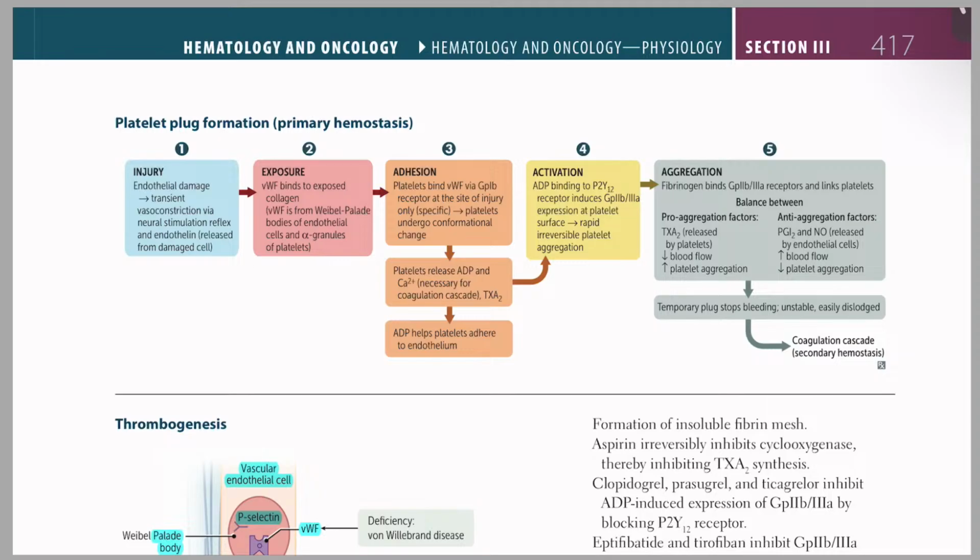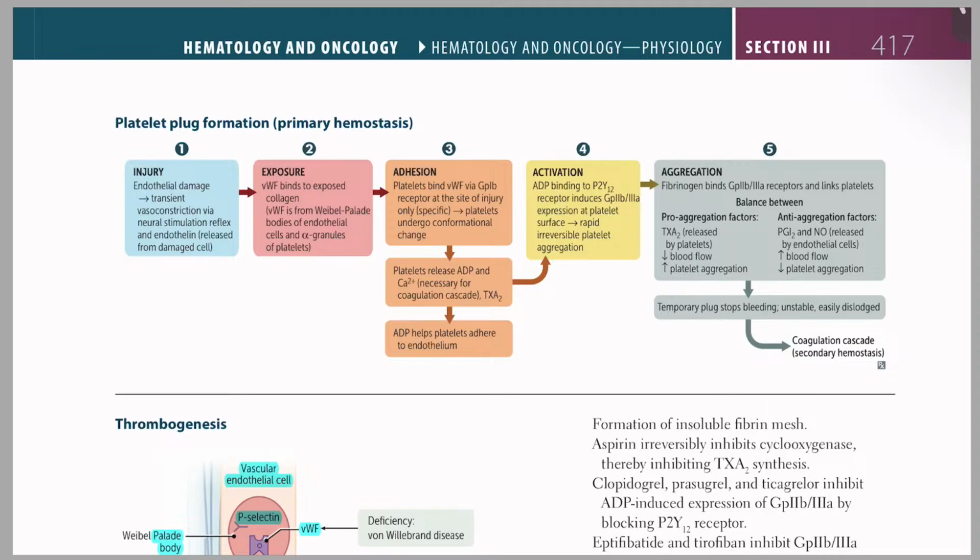Fourth, activation. ADP binding to P2Y12 receptor induces GP2B3A expression at platelet surface, causing rapid, irreversible platelet aggregation.